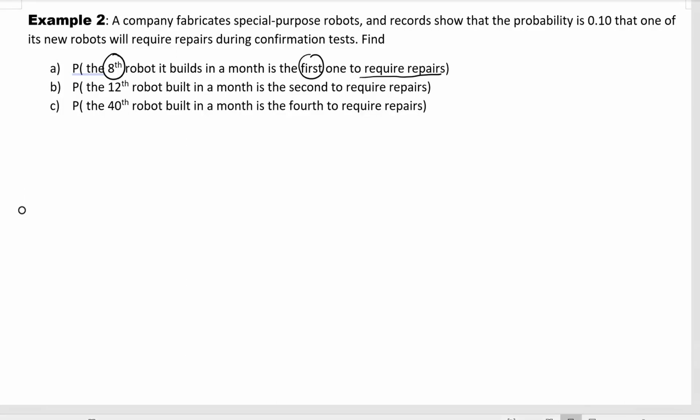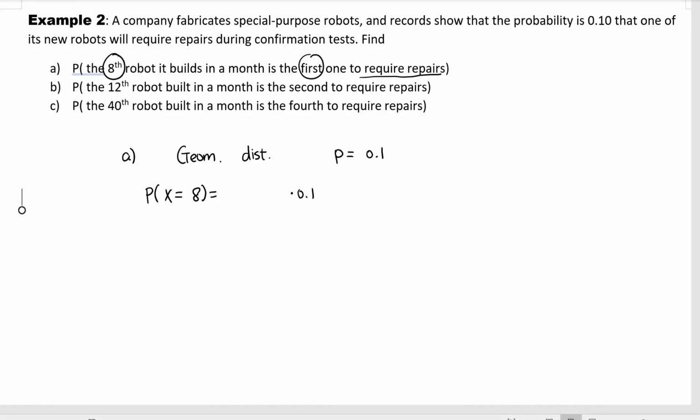Okay, so for part A, we have the geometric distribution with the probability of success 0.1. We have the first success in the 8 trials, so X equals 8. If you can remember the picture, the last one is success.